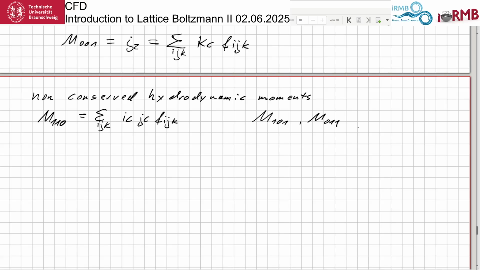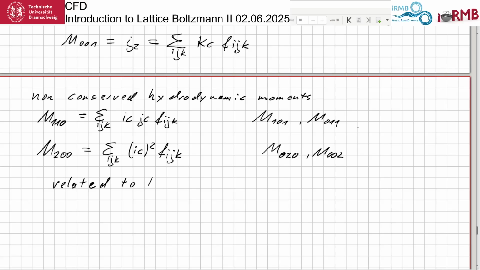These are second order moments, but there's also a different way of writing second order moments, namely M200, the sum over ijk of c_x squared f_ijk, and then M020 and M002. You see how they are generated, right? These are related to binary collisions, and it is not a coincidence that they are of second order.